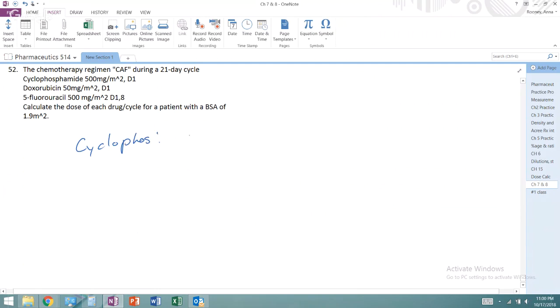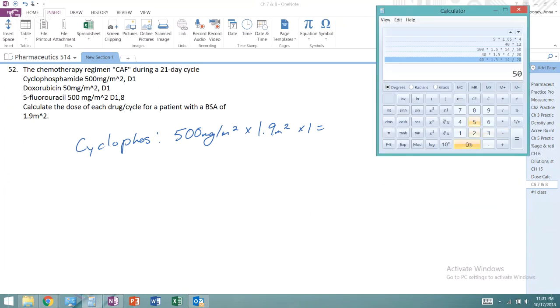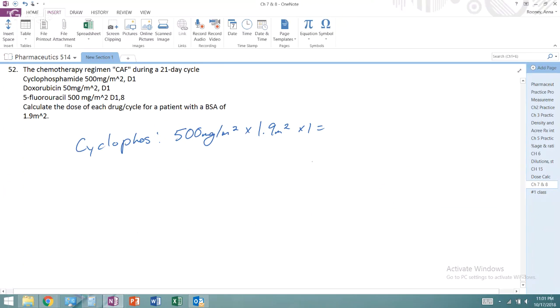So cyclophosphamide is 500 milligrams per meter squared times 1.9 meters squared. And then there's only 1 day of treatment. All right, so that's 950 milligrams.